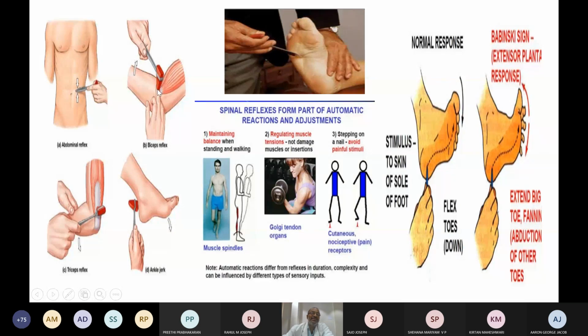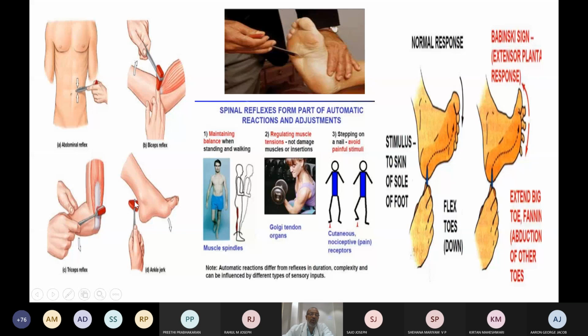In the case of the biceps jerk, you focus on the tendon of the biceps, and there will be flexion of the forearm. When you strike the tendon of the triceps, found above the olecranon process, what is happening? Contraction of the triceps, extension of the elbow or forearm.